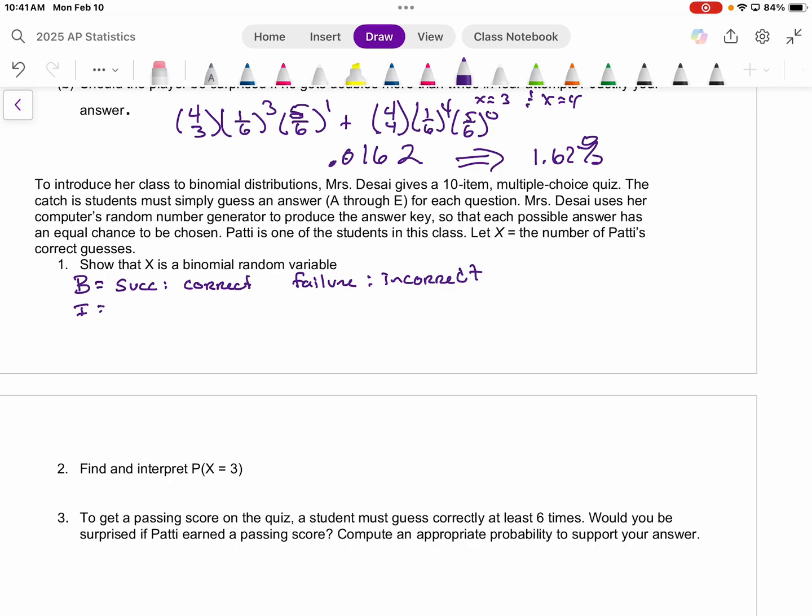The independent. There was random assignment of the answers. And whenever we have random assignment, that allows us to go towards the independence. That assures independence. So random assignment assures independence.